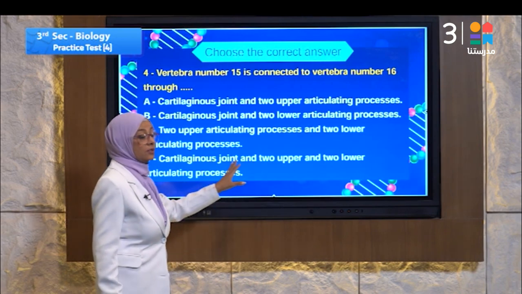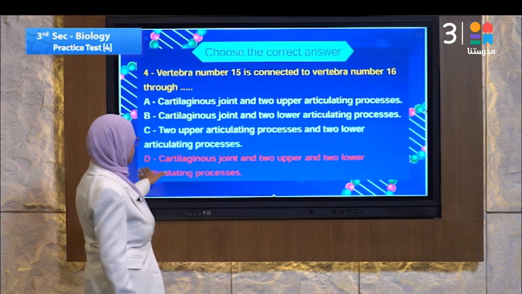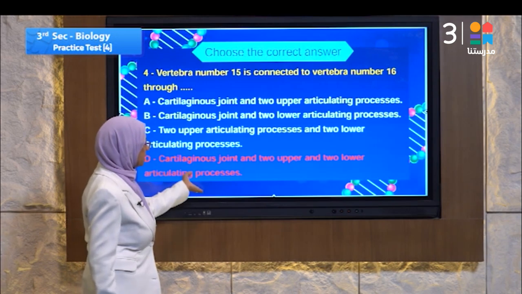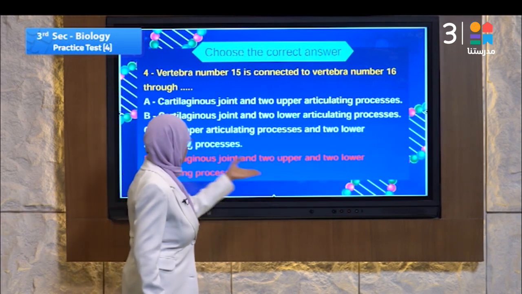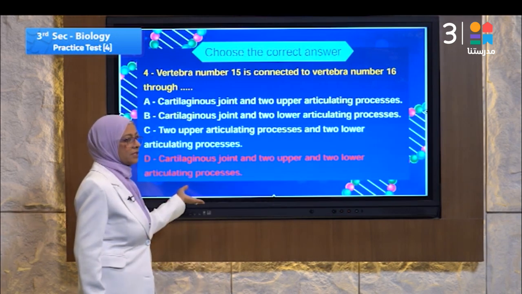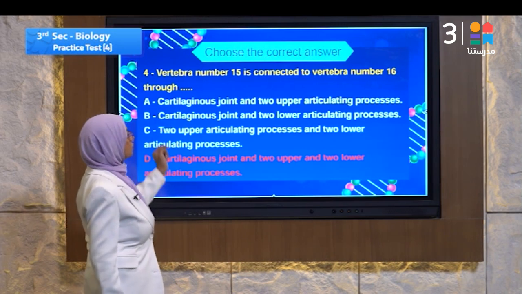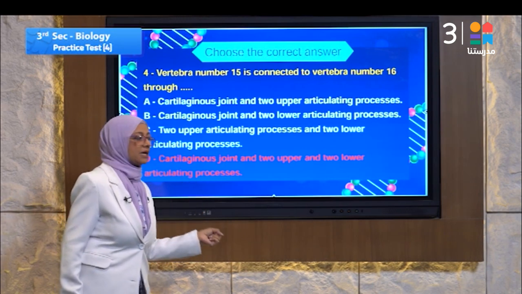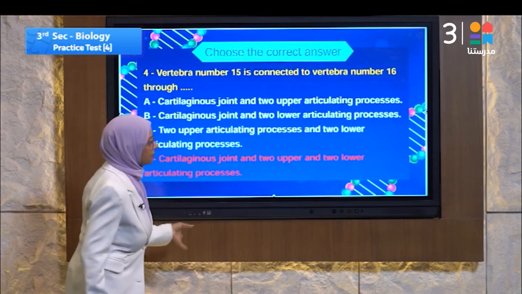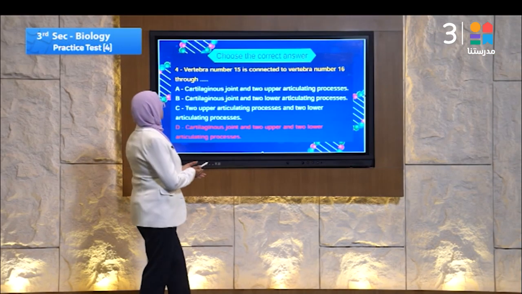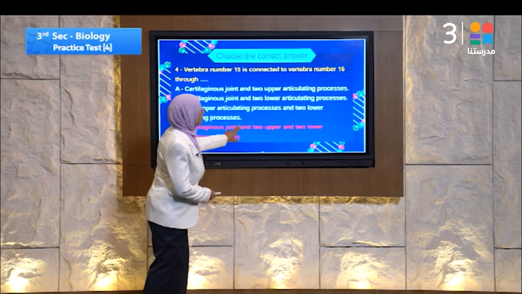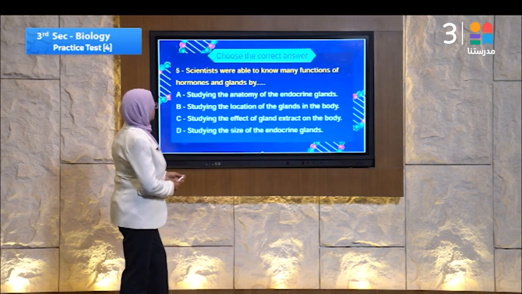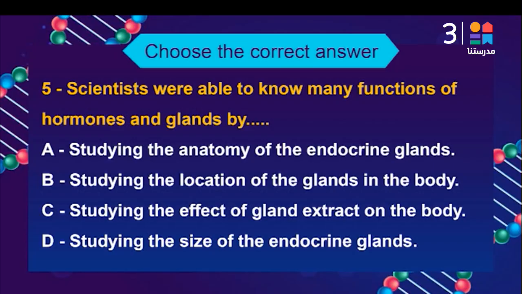The answer is number D. D, cartilaginous joints and 2 upper and 2 lower articulating processes are needed for connecting between vertebra number 16 and vertebra number 15. Let's go to question number 5. 5 speaks about the scientists.